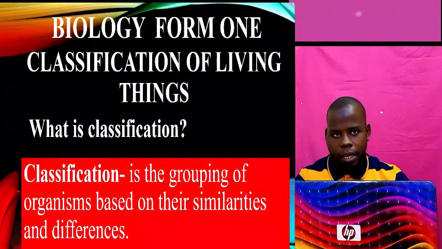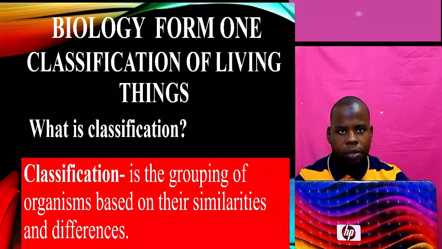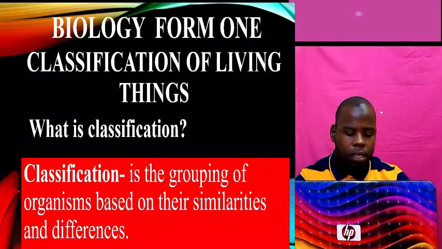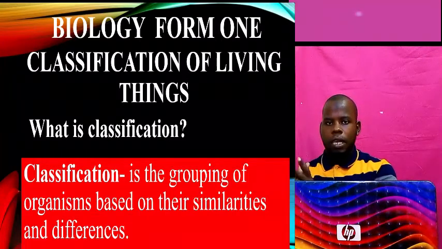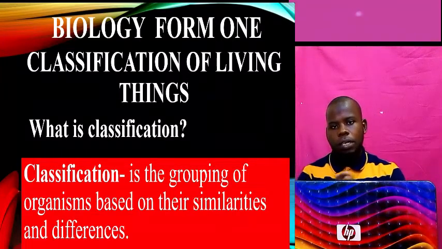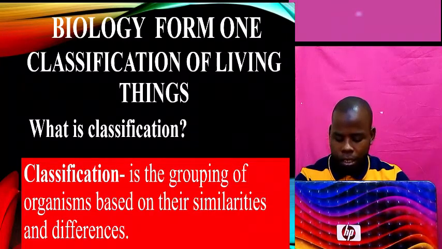By looking at the birds, there are characteristics; the human being has characteristics, and other animals too. So we study classification in order to group organisms by looking at their similarities and their differences. Those which differ we put in one group, and those which are similar we put in another group. That is classification.